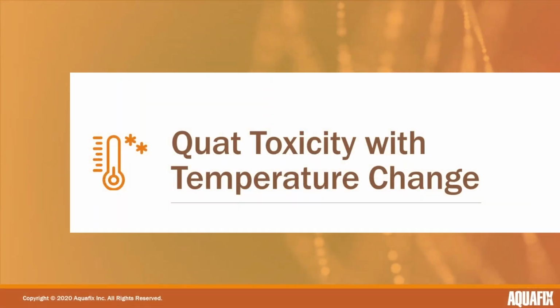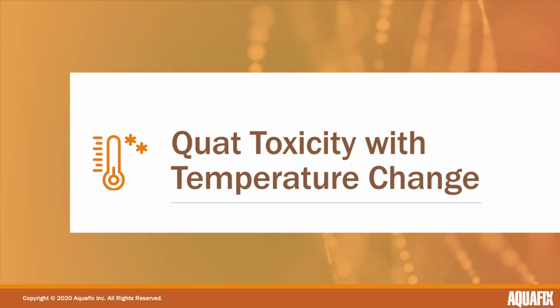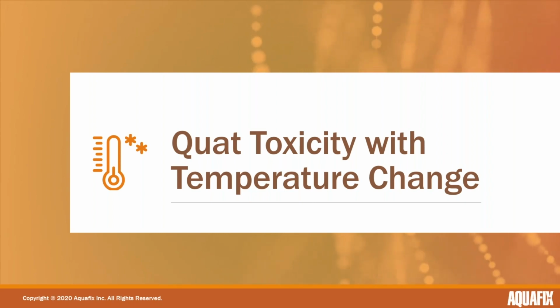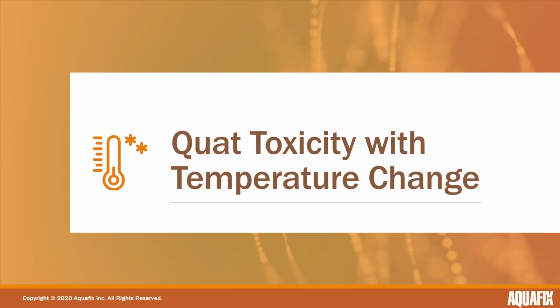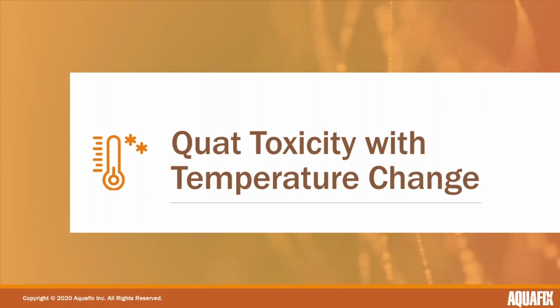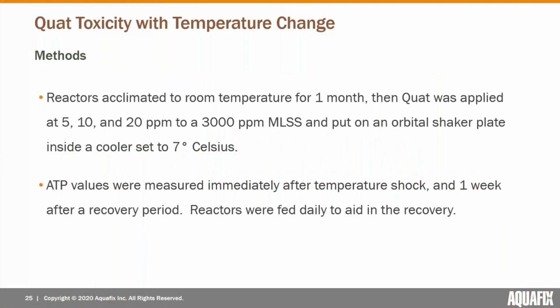Then we looked at quat toxicity and temperature change. As I said, it's often not just the toxicity, it's the toxicity in combination with another environmental change. These reactors were acclimated to room temperature at 1 month.